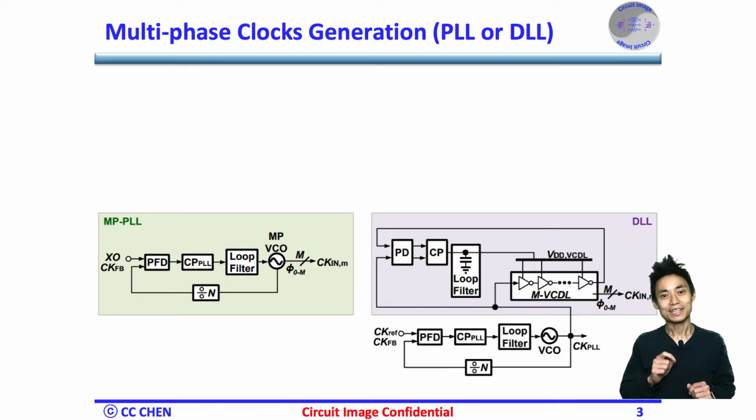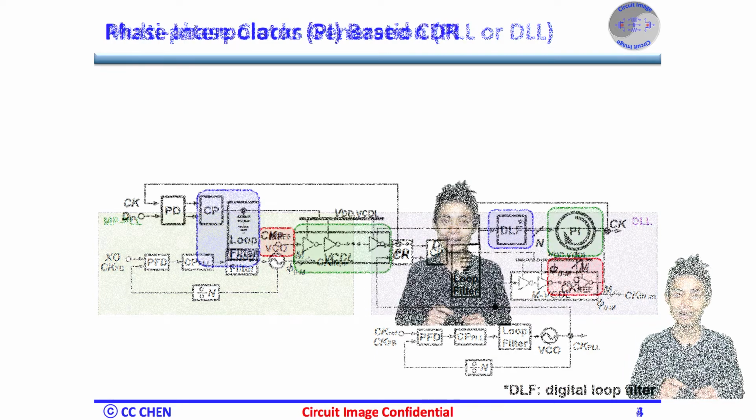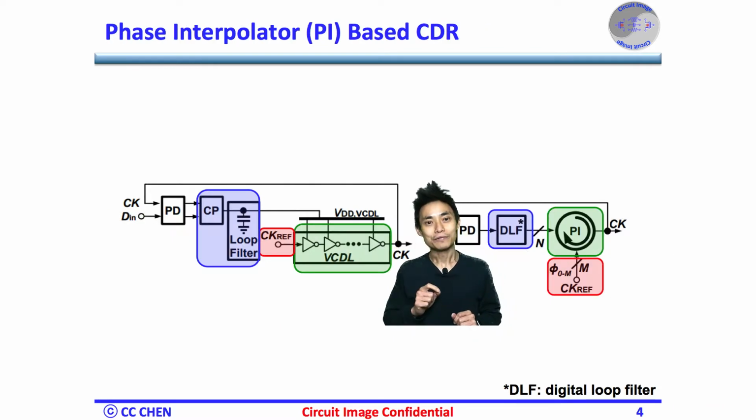After understanding the topology of the PI, we can dive into the PI-based CDR. The topology of the Phase Interpolator PI-based CDR is like the DL-based CDR, except the VCDL is replaced by the PI. Also, the charge pump and loop filter could be replaced by a digital loop filter.